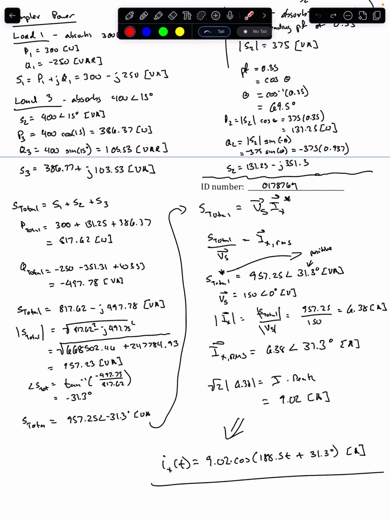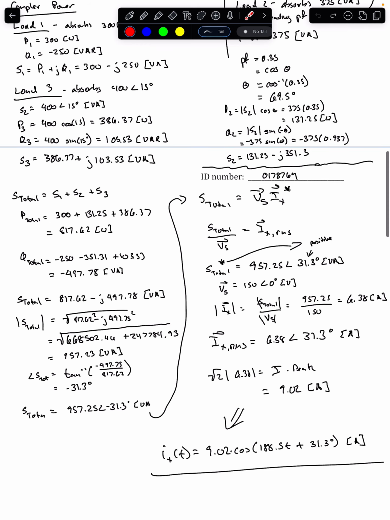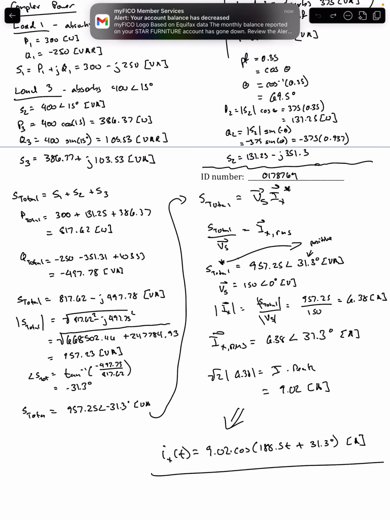What we basically do is write out that Is equals S total over VS, which again is from the formula sheet as well. This is everything that we found already.